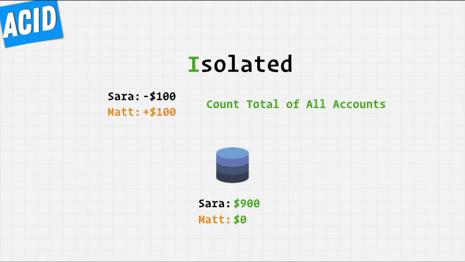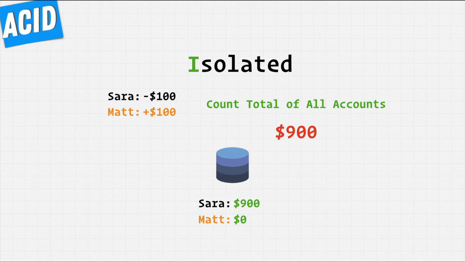And what is that total when you add it together? Well, it's $900. But our transaction on the left has not finished yet. So we are peering into all of these different accounts in the middle of a transaction, in an incomplete state. This $900 is incorrect because we know that Matt has yet to be credited the $100. So here, this is not isolated.